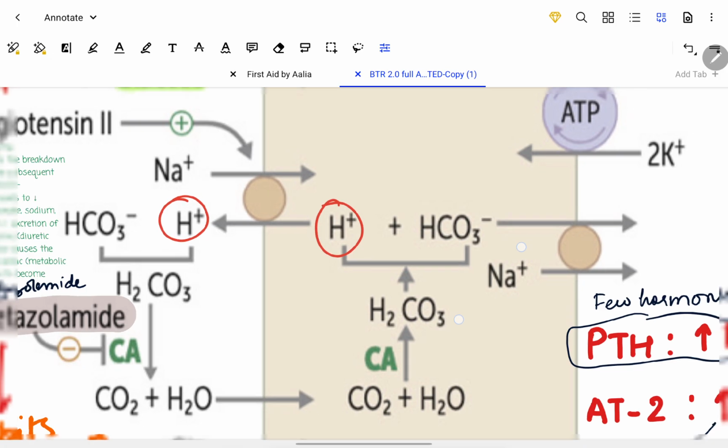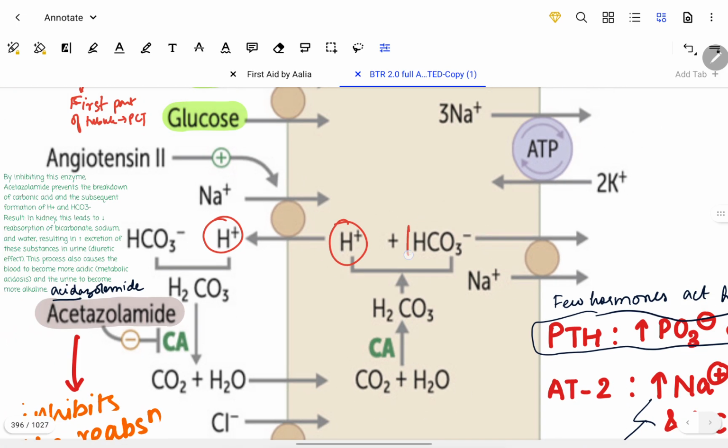In all of these steps, the bicarbonate is being reabsorbed. Now, if you're inhibiting the carbonic anhydrase, what will happen? H plus will anyway be excreted, because it's the function of angiotensin 2 which is causing its excretion, or you can say secretion.